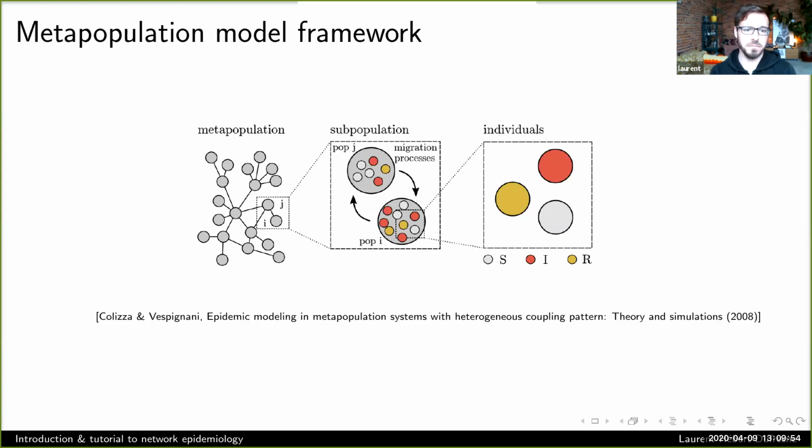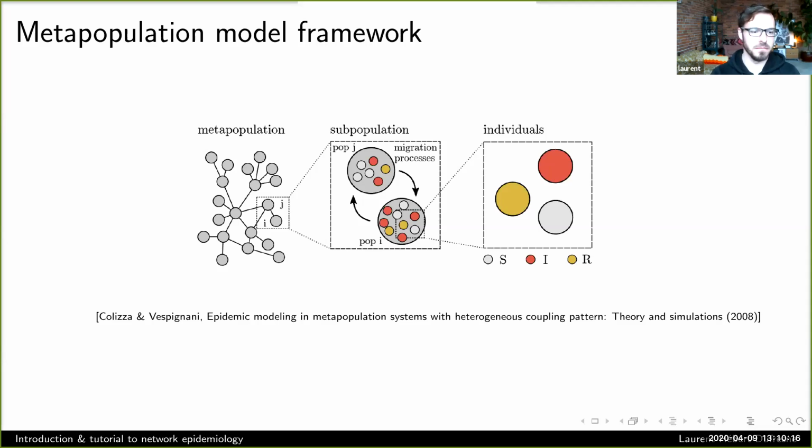And within these subpopulations, then you're just going to use your favorite disease propagation model. So it could be a network model, it could be classic SIR. Of course, in the case of COVID, they don't just use classic SIR, they add an extra state between S and I to account for the fact that maybe you have pre-symptomatic individuals that are still transmitting the disease but not testing.